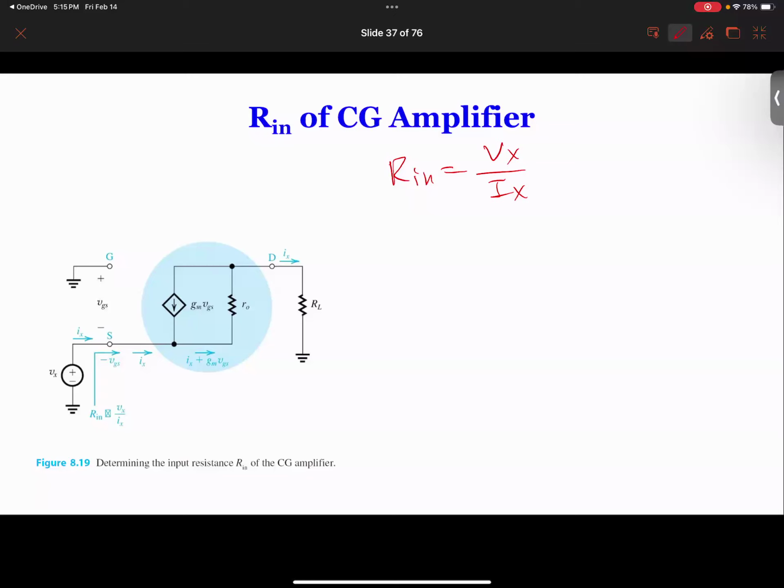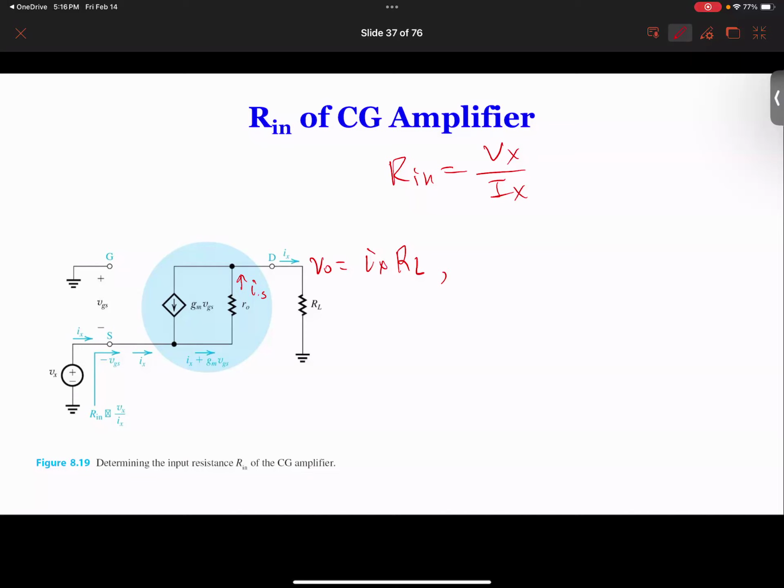To find Ix, we need to do maybe a nodal analysis on the circuit over here. Let's assume Ix is in this branch. With Ix going down, we can find the voltage over here. Let's call it VO. It's going to be Ix times RL. And then we can find the current over here, let's call it IS.